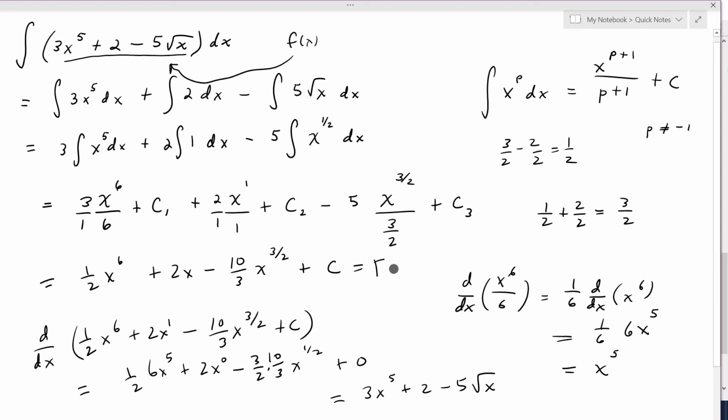Okay, so this is capital F of x. Remember, the derivative of capital F of x should be small f of x, right? And in this case, it is. So that's a way of checking to see that you have the correct antiderivative of this function, or antiderivatives, right? Because there's a whole family of them because of this arbitrary constant.